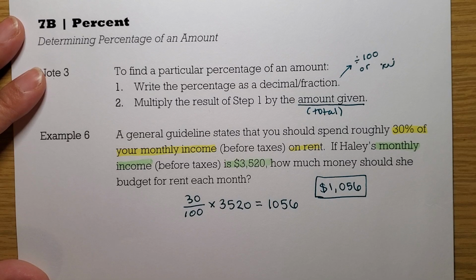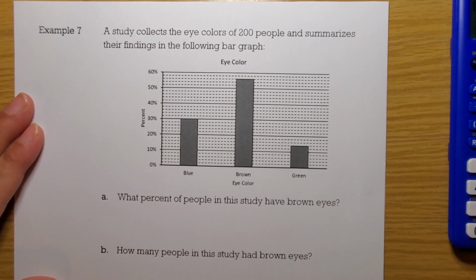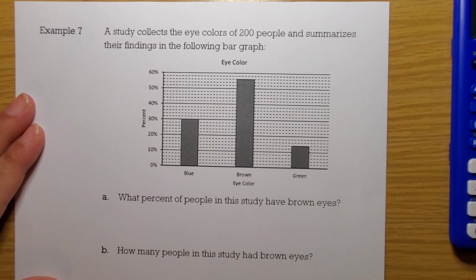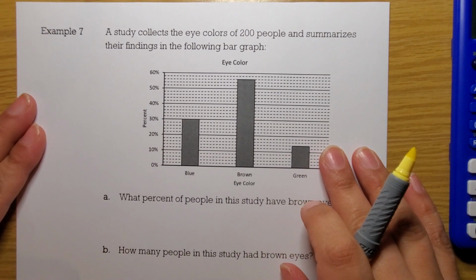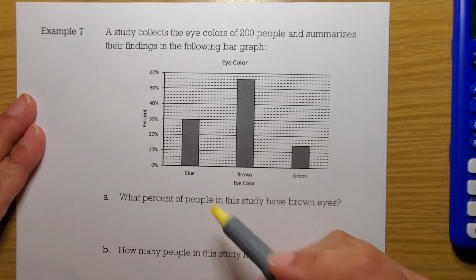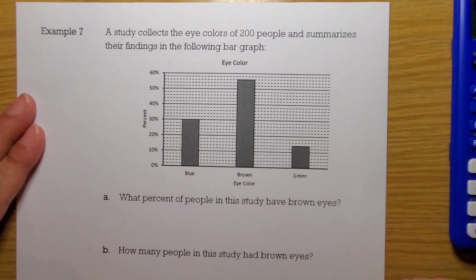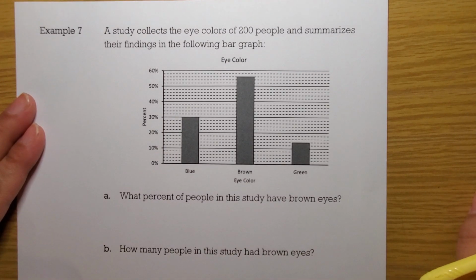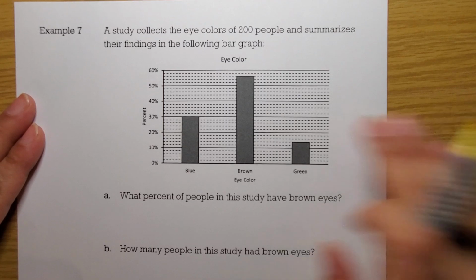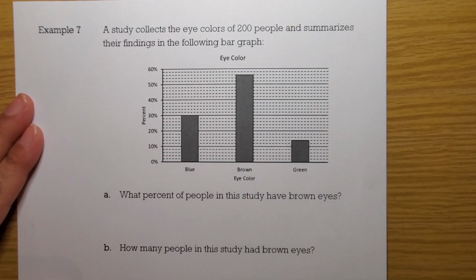All right, let's look at another example, and this time the example is going to use a bar graph. It says a study collects the eye colors of 200 people and summarizes their findings in this bar graph. So we've got some people had blue eyes, brown eyes, and green eyes. Now, one thing that's really easy to overlook when you have a graph is the information in a paragraph on the top, or sometimes on the side, depending on the layout.